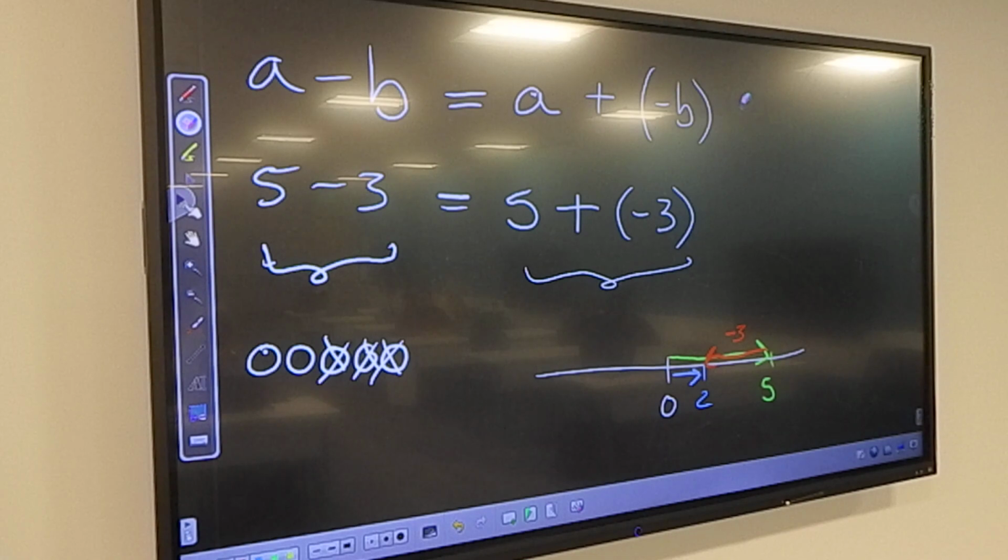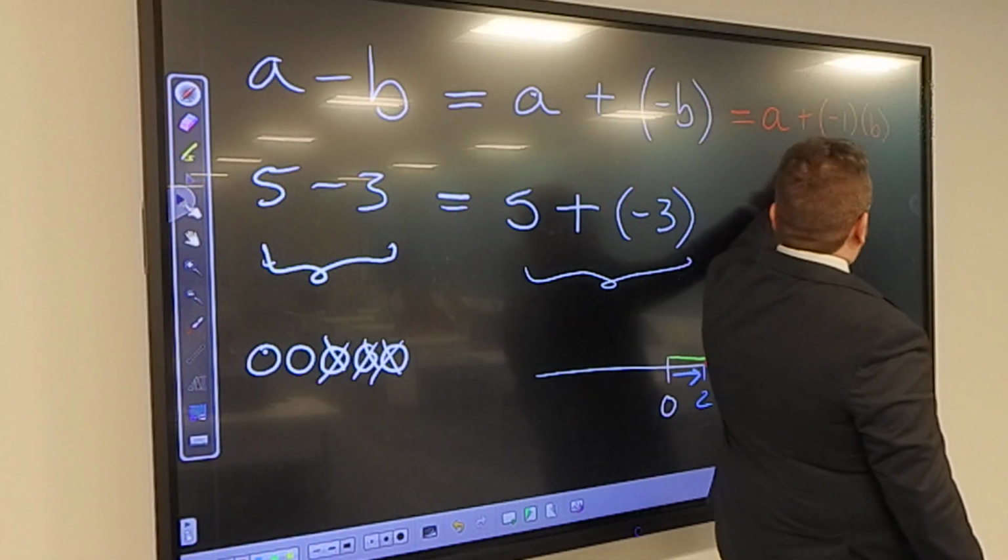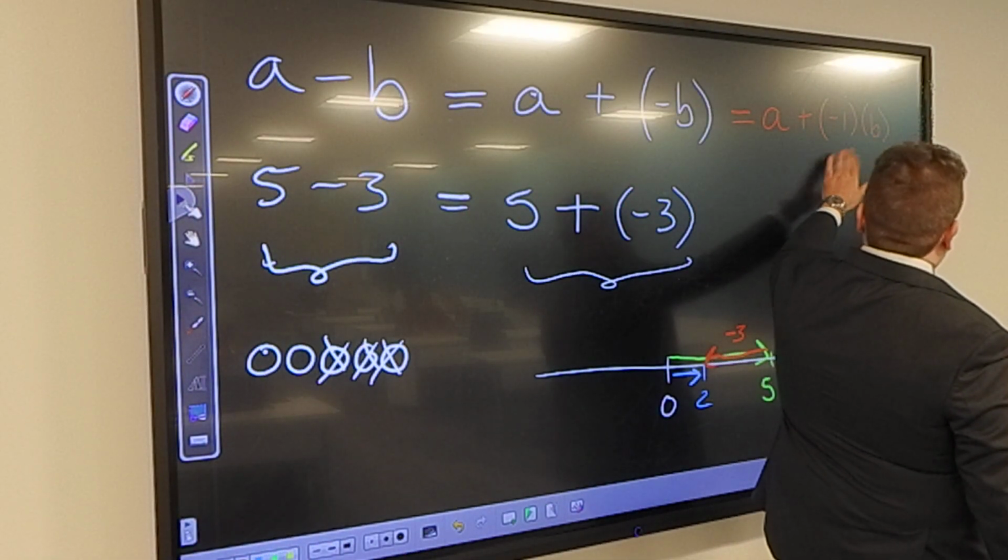How did you get minus b to begin with? Well, you would have constructed it by multiplying a minus 1 times the number b. This idea will be essential.